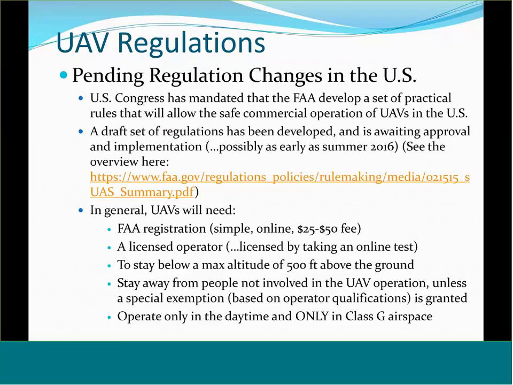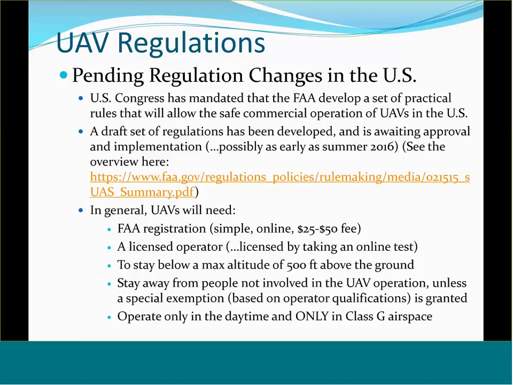your UAV will simply need to be registered, and that's just a simple online process and a fee of $25 to $50. You need to demonstrate that you have a licensed operator, but understand that this isn't the same as a pilot's license. This license is given just by your pilot taking an online test to prove that they're capable and know the safety regulations associated with UAVs.